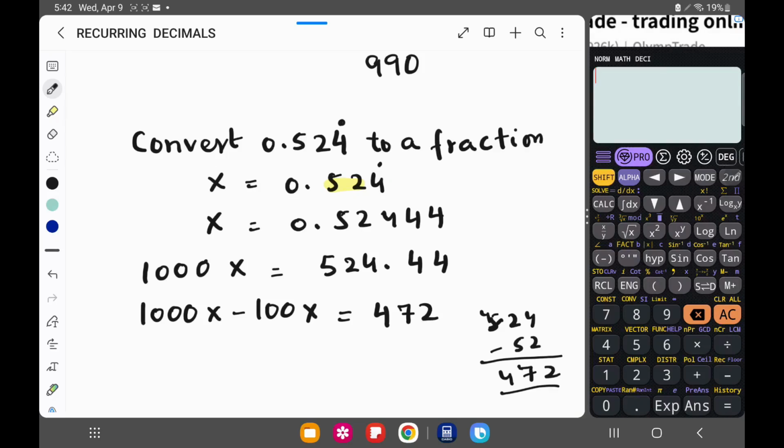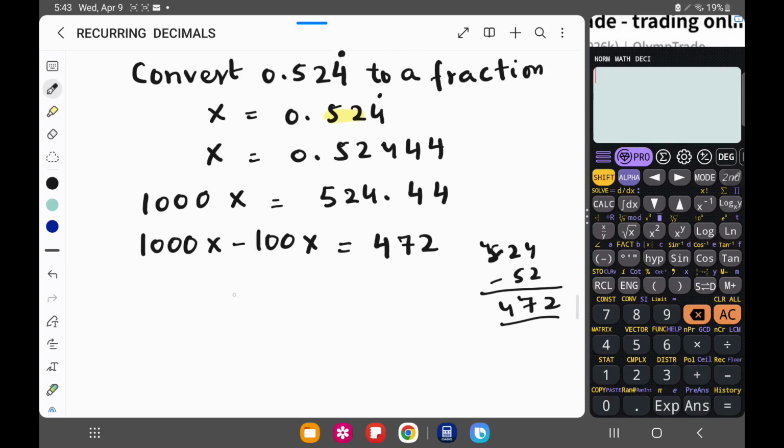So in this question we multiply by 1000 to bring the number before the decimal, then found two digits not repeating, so we subtracted 100x, and subtracted 52 from 524 to get 472. 1000 minus 100 is 900, so x is equal to 472 divided by 900.